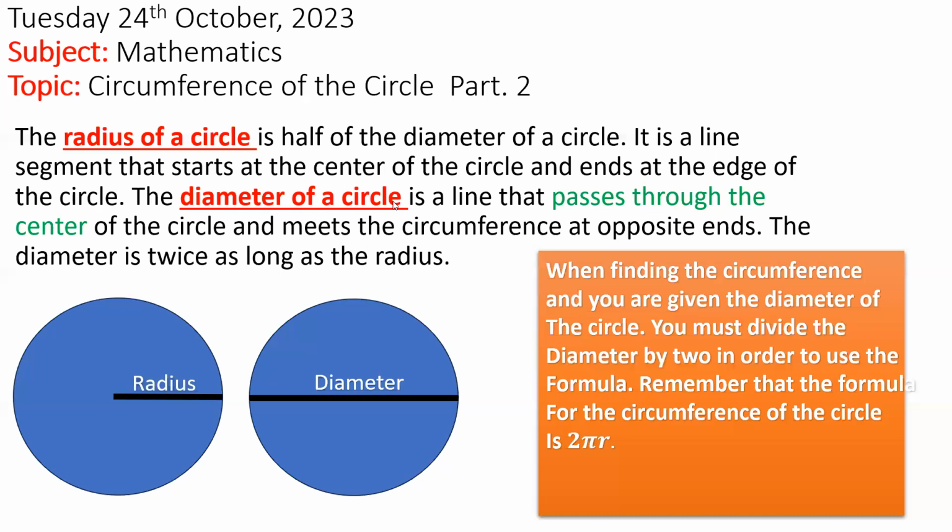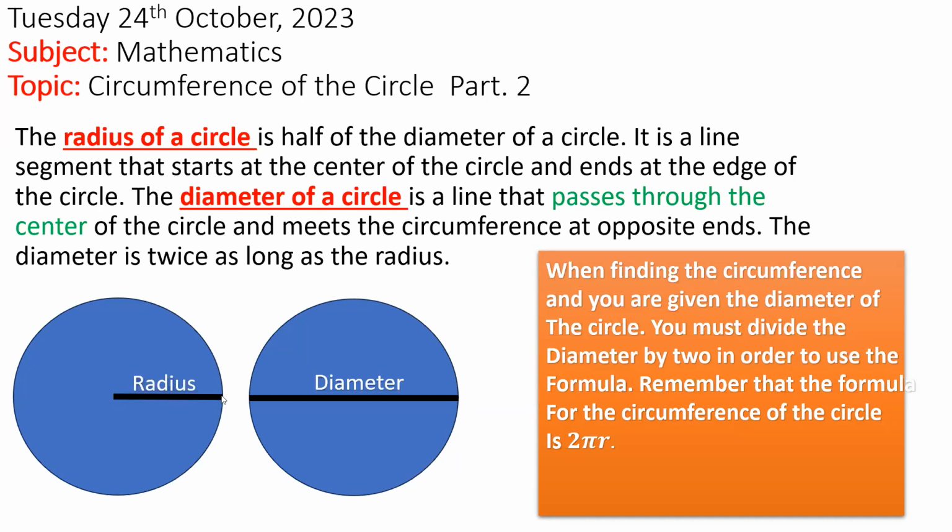So let's recap, quick recap. The radius is half of the diameter. It is the line segment that starts at the center of the circle and goes all the way to the edge of the circle, or to the circumference.